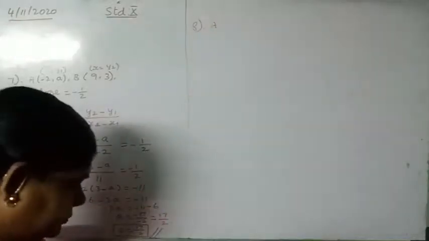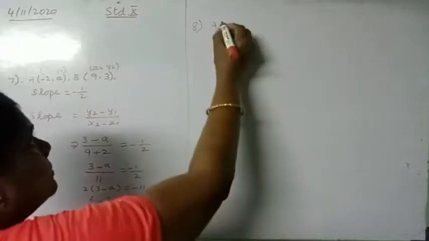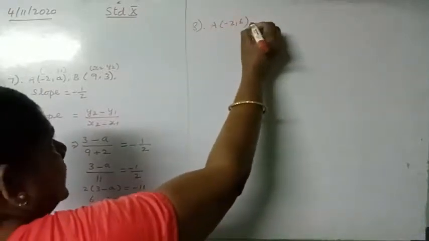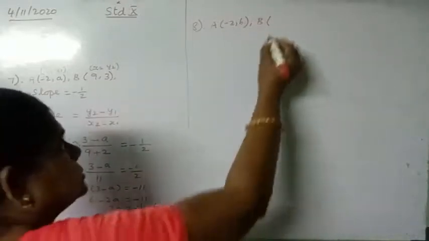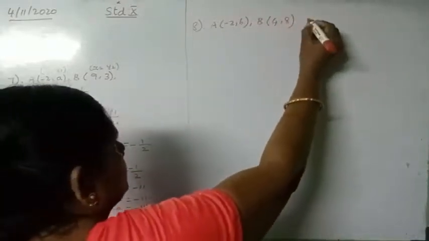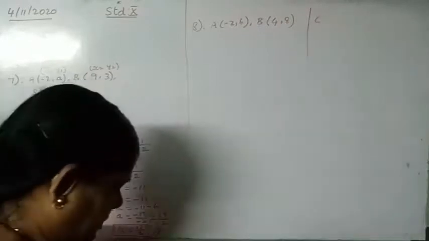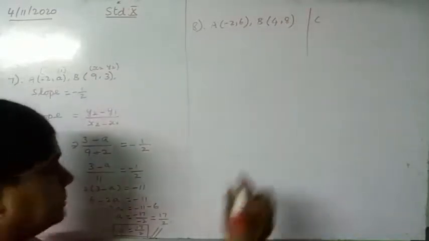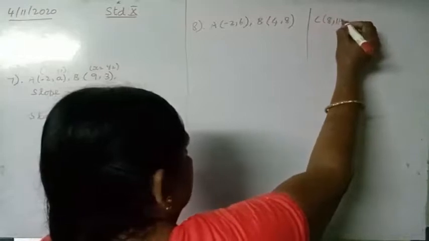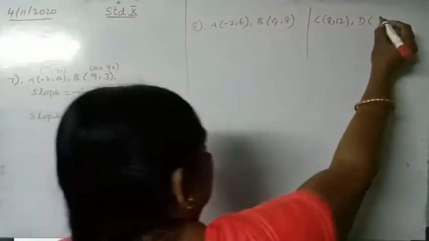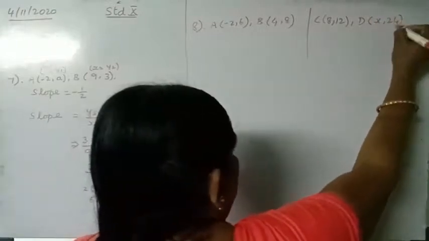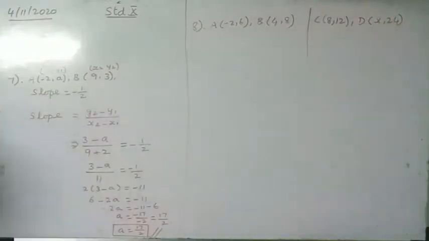So AB points are A of minus 2, 6 and B of 4, 8, and take C, the point 8, 12, and D, the point x, 24. Given that these two straight lines are perpendicular to each other.